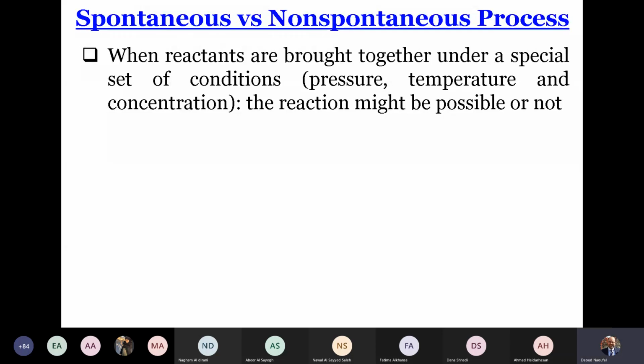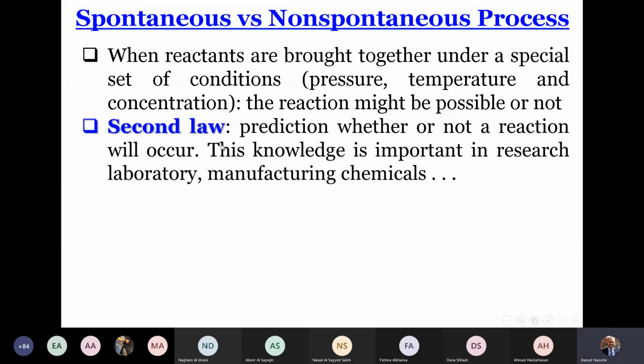So why does the reaction occur sometimes and not occur at other conditions? The second law is a prediction whether or not a reaction will occur. And this knowledge is important in the research laboratory and in the preparation of chemicals.